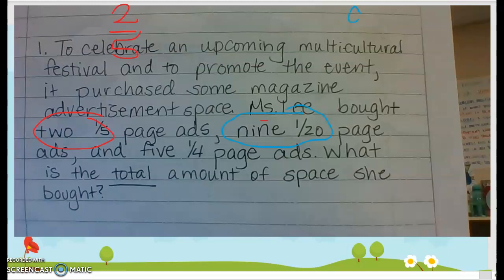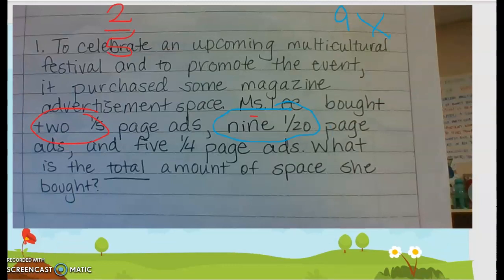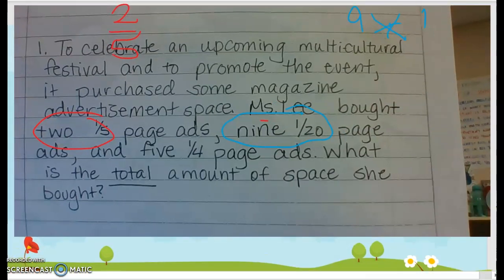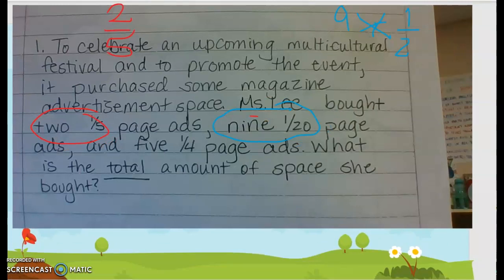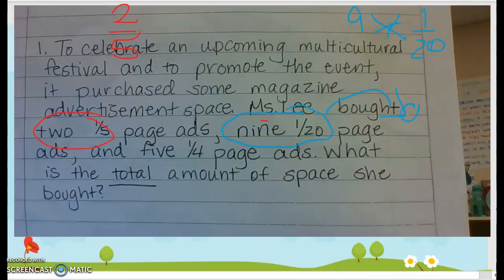You could either do 9 times 1/20th, or you could think, wow, I have to add 1/20th 9 times, which is the same as 9 20ths. That makes sense.